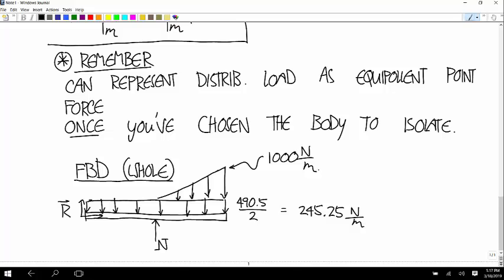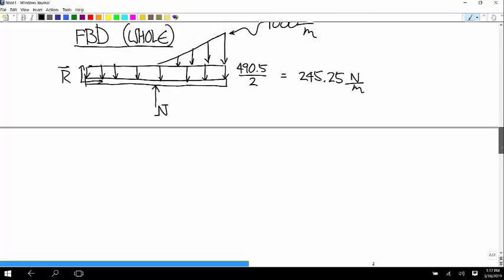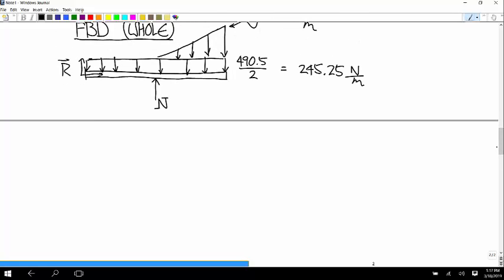And now that we've chosen the body to isolate, we've committed ourselves to isolating the whole thing. Now we can represent each of those two as a point force. So I'm going to redo the free body diagram.